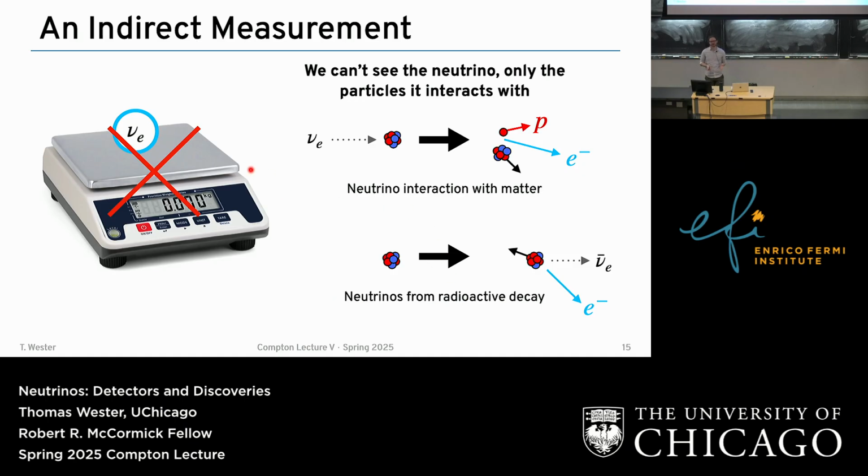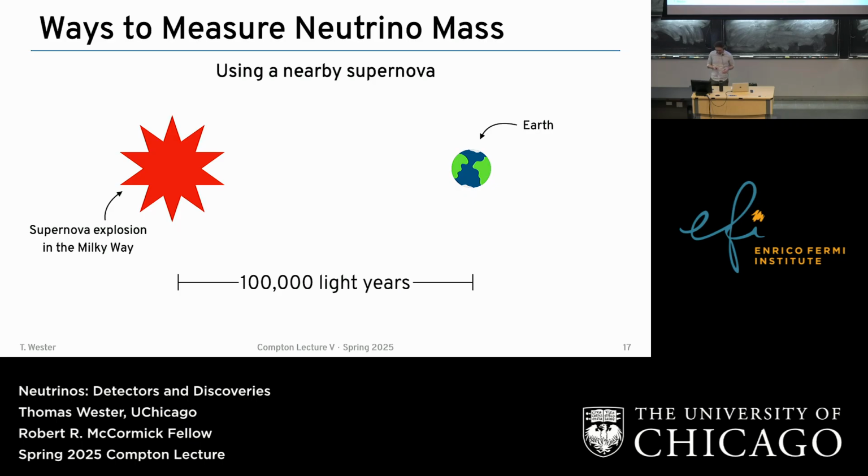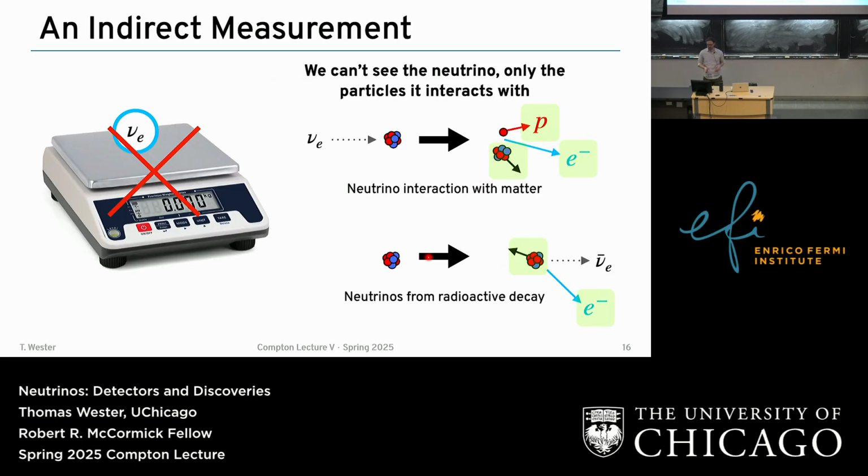The first one is where a neutrino interacts with a nucleus and it produces a proton, an electron, and then a recoiling nucleus. The second case is where you have a nucleus at rest and then that decays and it produces a neutrino and also a charged particle in association with it. The things we're measuring are the particles in the final state, is what we call it.